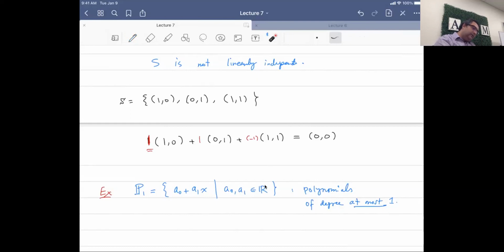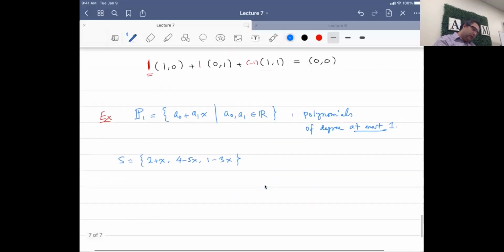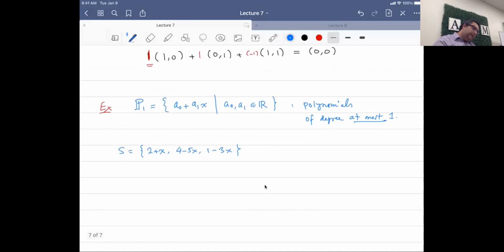So now this is a vector space, right? And inside this vector space, I'm asking if this is linearly independent or not. 2 plus x is one of these vectors, 4 minus 5x and 1 minus 3x. I want to show that this is linearly dependent.